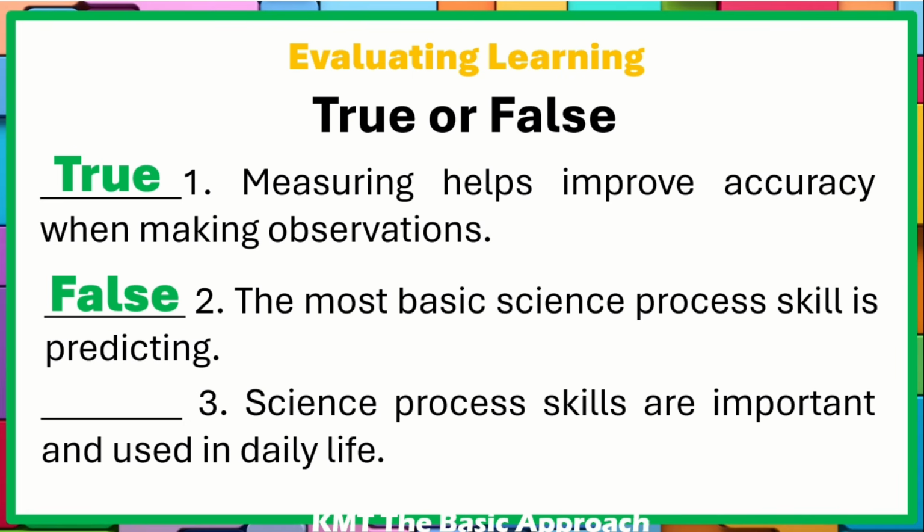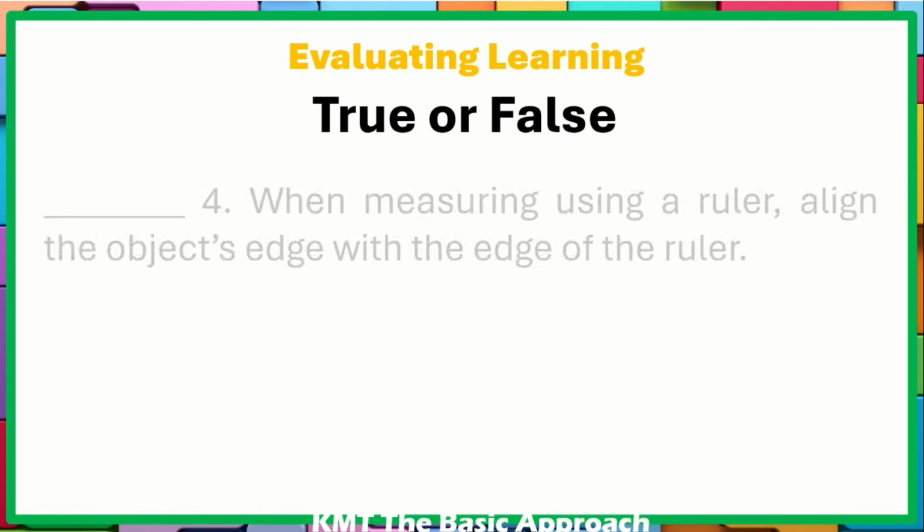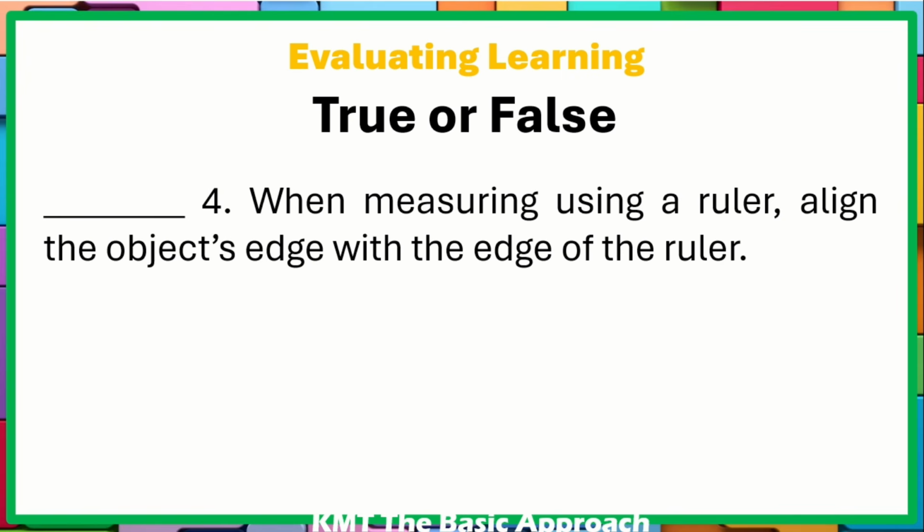Number 3. Science process skills are important and used in daily life. Is it true or false? Great! True. Number 4. When measuring using a ruler, align the object's edge with the edge of the ruler.